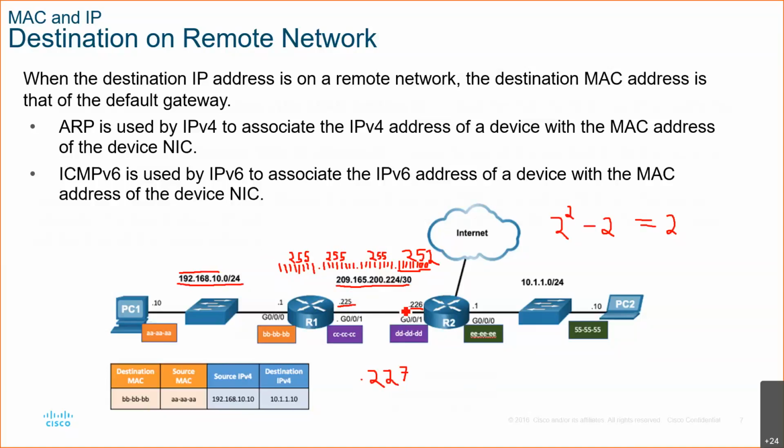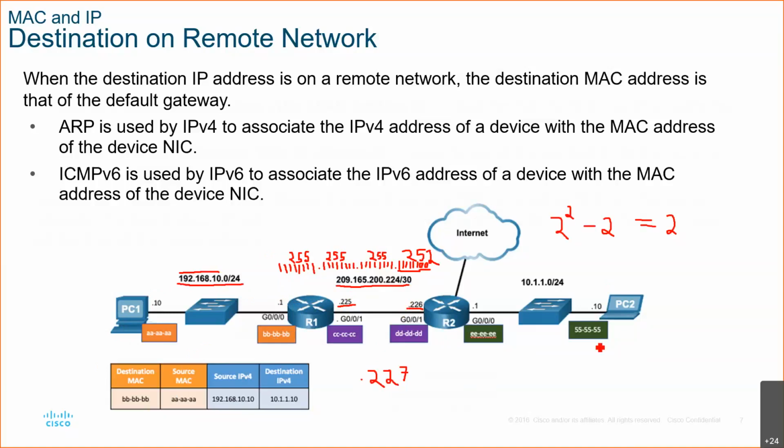So now moving on, what happens if you are sending within the same network? Within the same network means within the confines of the exit device, which is your router. So this is one network. This is one network.